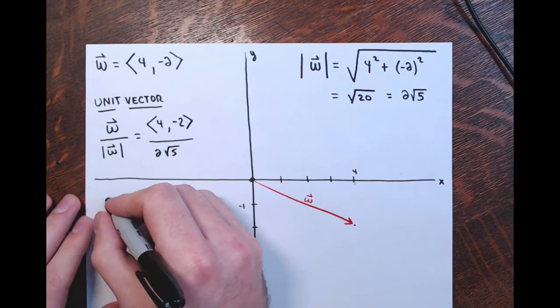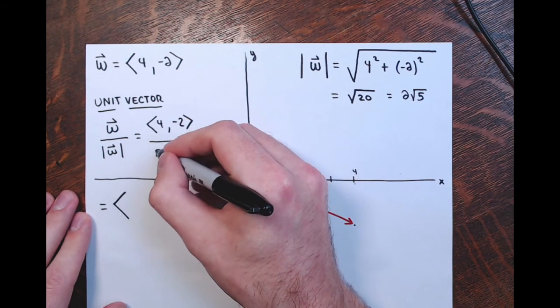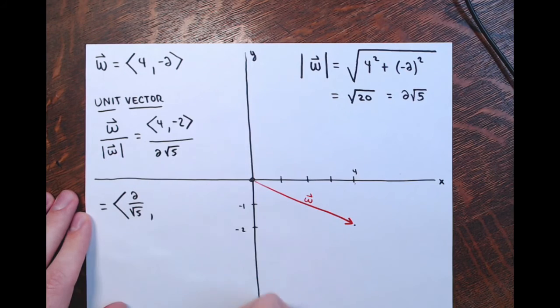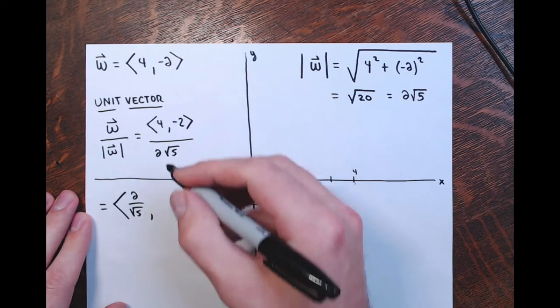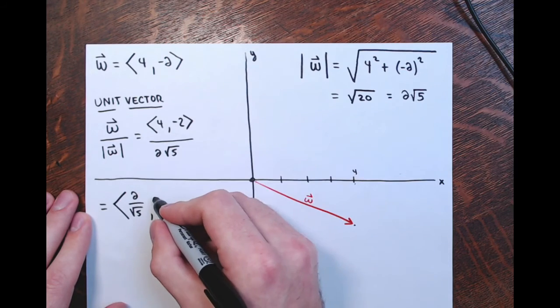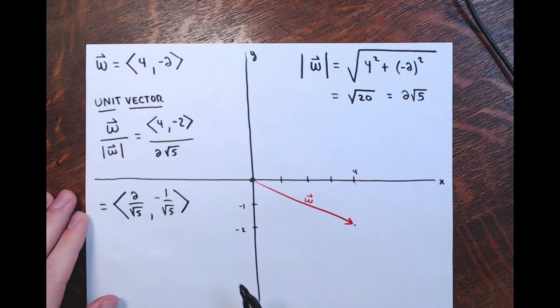And we get the following. The first component, 2 goes into 4 twice. You'd have 2 divided by the square root of 5 for the first component. And then -2 divided by this, the 2's would cancel. You have -1 divided by the square root of 5 for the second component, and there you go.